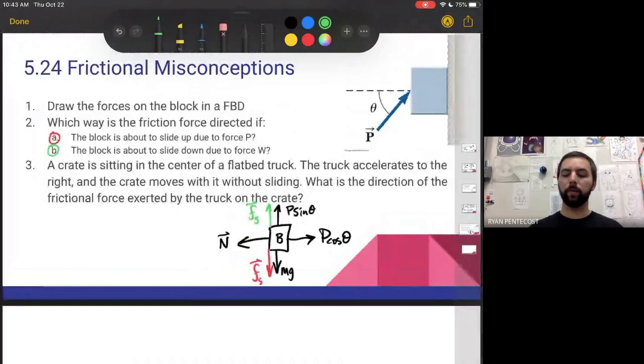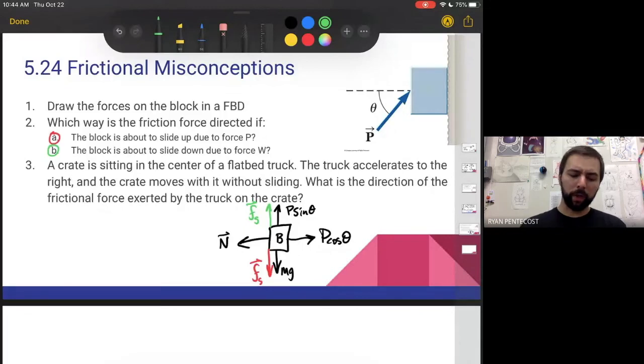Now also remember that static friction is going to match whatever force is being put on it until it reaches that maximum static friction. It can give a weaker force if it needs to, but once you break it and it starts moving, it's all kinetic friction from there.